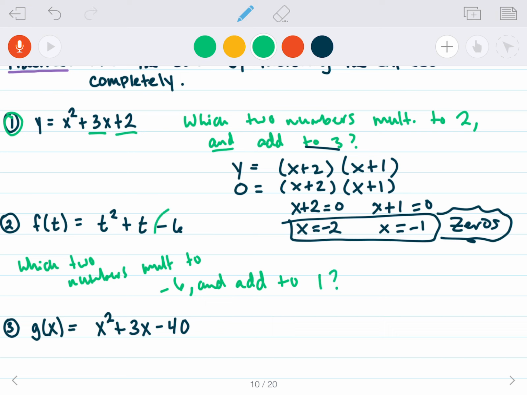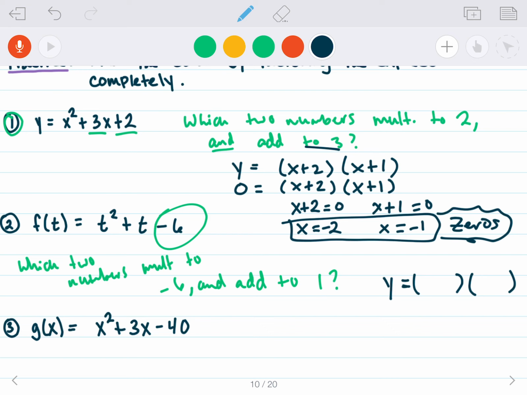So think in your head, factors of negative 6. Which two numbers multiply to negative 6? It's negative 3, positive 2, but negative 3 plus 2 is negative 1. It's not positive 1. So you need to do a switcheroo there. So the correct answer here, and again, this is trial and error, is just thinking about factors of negative 6 and seeing if those factors add to positive 1.